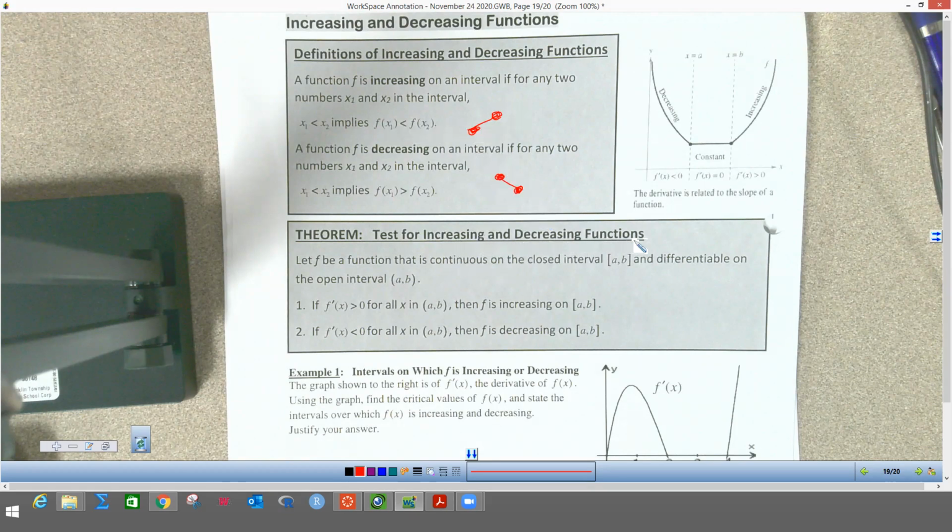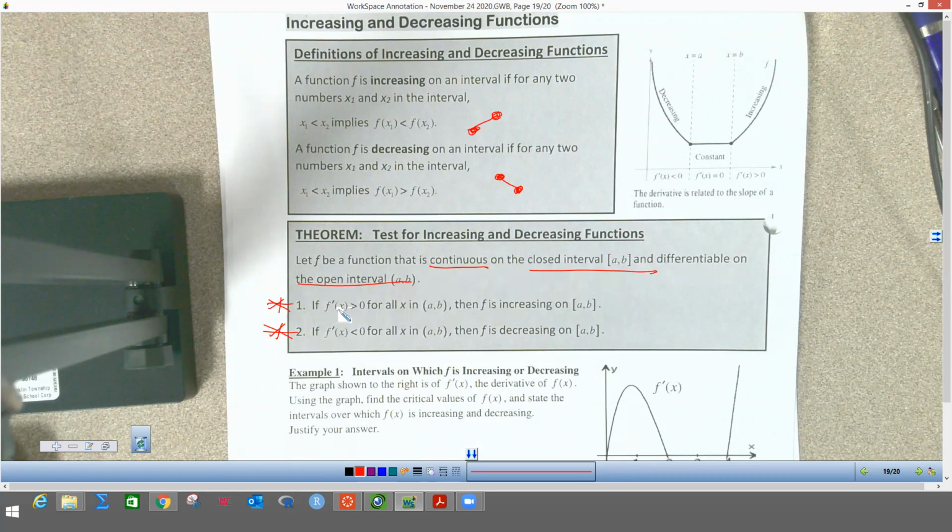There's a test for an increasing and decreasing function, and these are the two biggies that you need in order to tell why or prove that something's increasing. It says let f be a function that is continuous on a closed interval, so we're including endpoints, and differentiable on the open interval. Again, the open interval is because you cannot do a derivative at an endpoint.